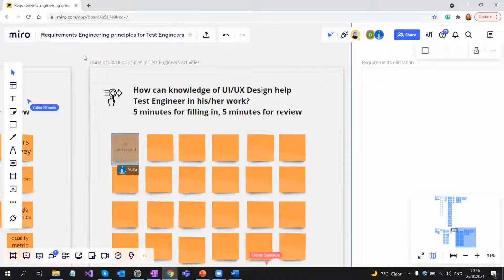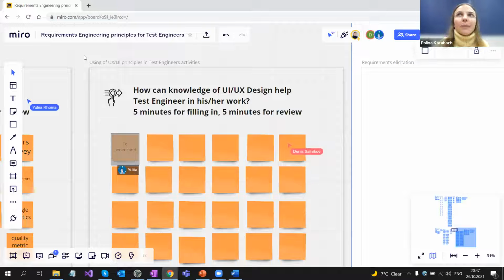You mean if they were used in the systems, how they can help us? I mean, it's a bit of a reflection of what we've just seen. We've looked at these 10 usability heuristics, and now if you know about these principles, why do you think they can be applied in the tasks of a test engineer?